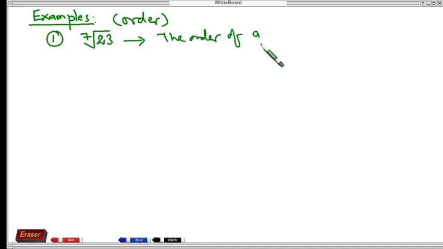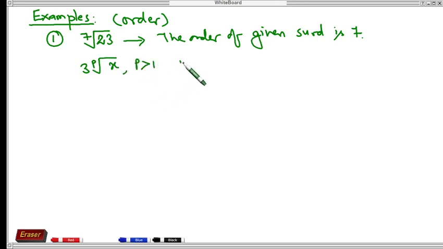The order of the given surd is 7. Finished. And the second example, 3 times the pth root of x, where p is greater than 1, and the order of the given surd is p.